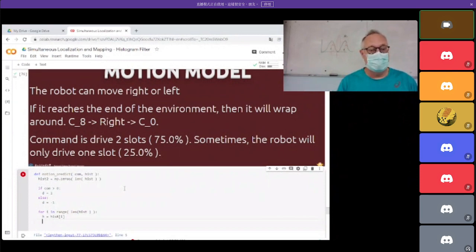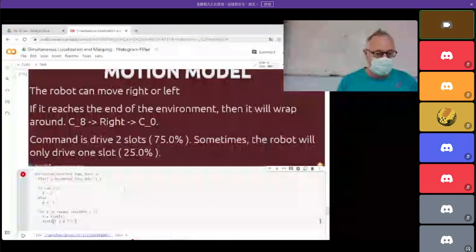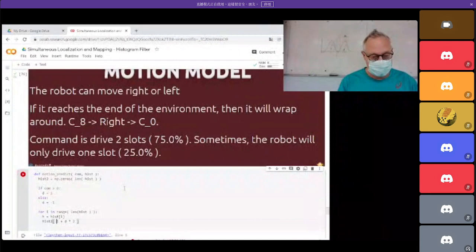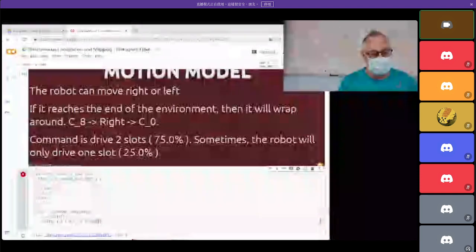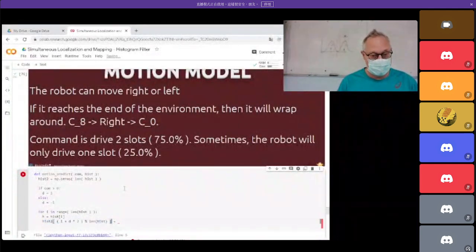So this H now will be histogram 2 of I plus D times 2, modulo the length of the histogram, and then plus.